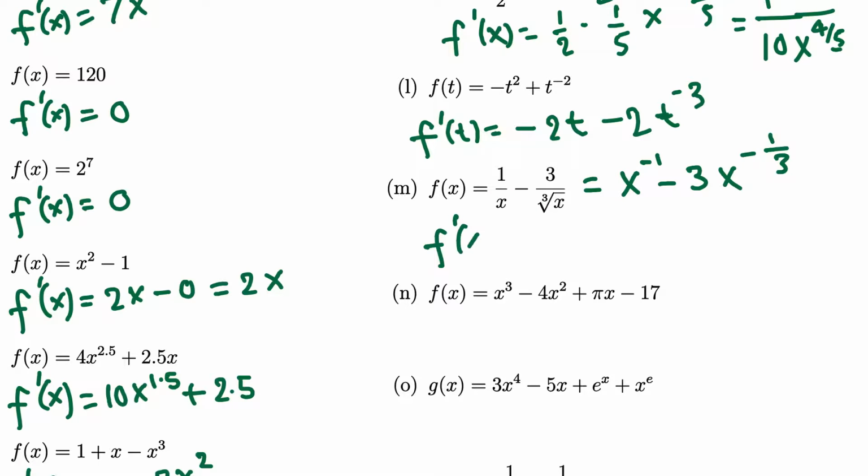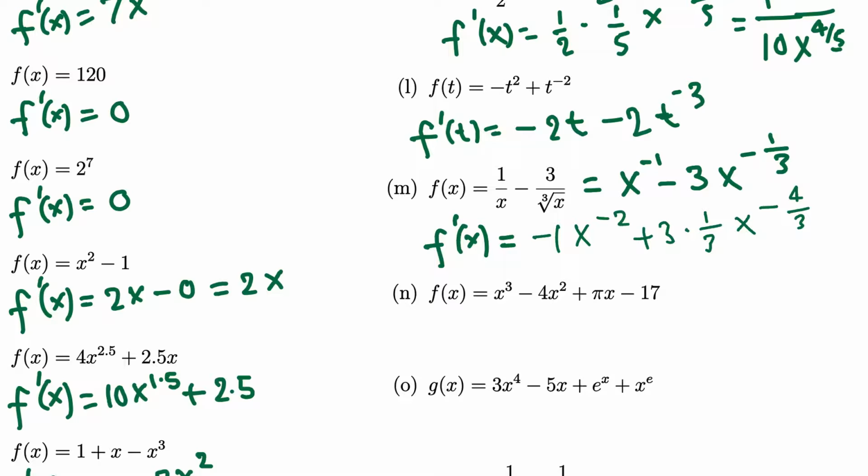So the derivative is: x^n means n x^(n minus 1), negative 1 minus 1, negative 2, minus 3 times x^n, so n is negative 1/3, that makes positive 1/3, x raised to negative 1/3 minus 1, negative 4/3. Negative 1/3 minus 1, 1 is 3/3, negative 3/3 and negative 1/3, negative 4/3.